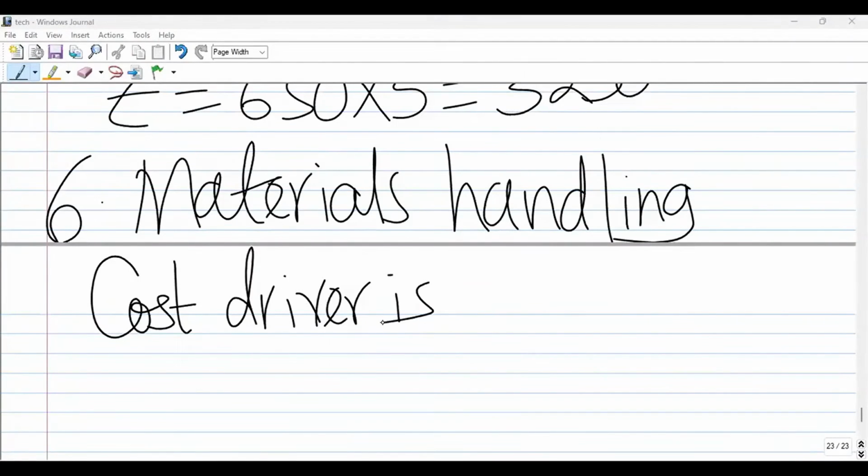Number of production runs. Simply because this is a labor related cost. So once it's a labor related cost, then we use number of production runs, unless otherwise.